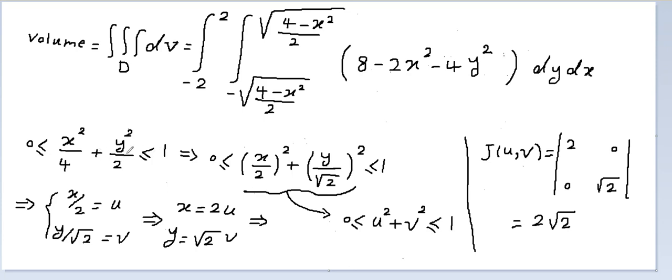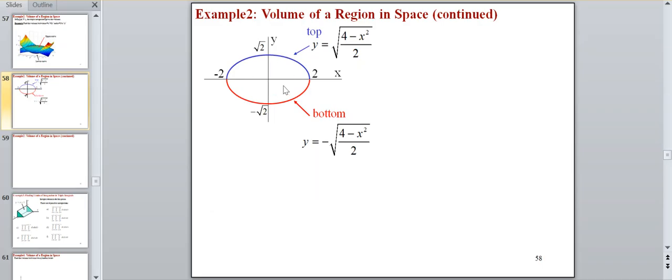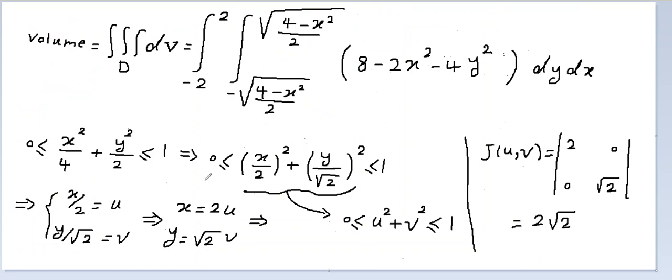But when I said between 0 and 1, it means inside, because the area of integration is bounded by this ellipse, and inside. So look at here, I can write this x as x divided by 2 squared, plus y divided by the root of 2 squared, right?